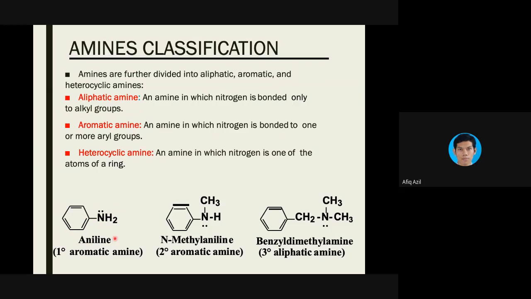So it has its own name. If you go back to the topic of arenes and its derivative, you know that when a benzene ring attached with an NH2 or an amino group, it will be called as aniline.